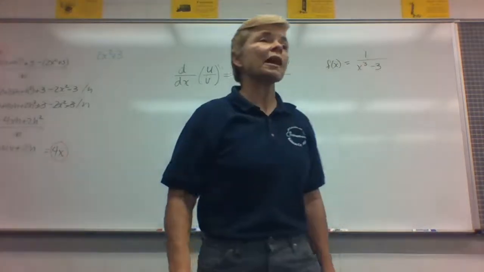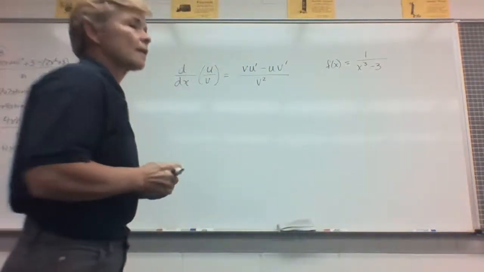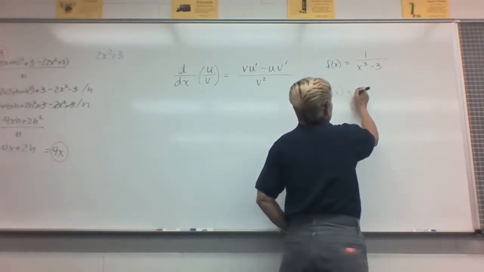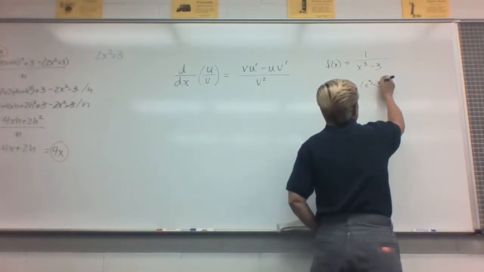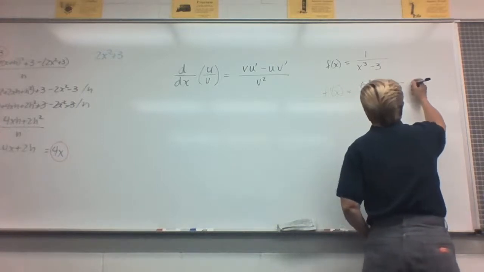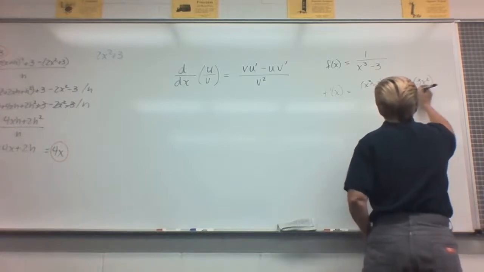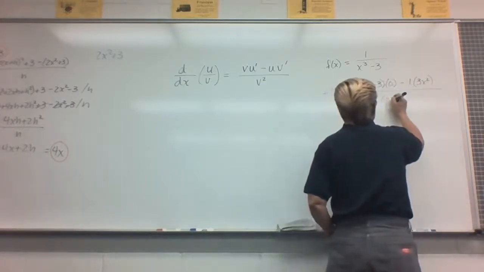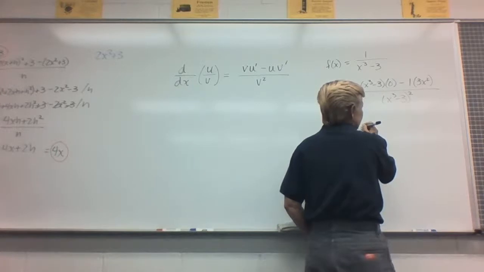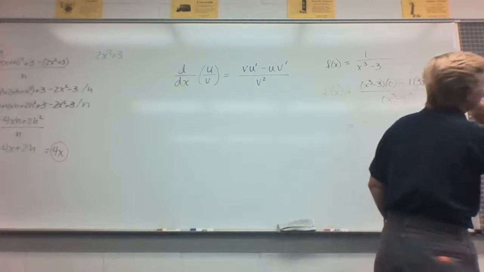Okay, let's apply that to this one and see if we end up with the same thing that the definition did. This is two functions. F prime of x is going to be the bottom times the derivative of the top, which is zero, minus the top times the derivative of the bottom, 3x squared, all over the bottom squared.